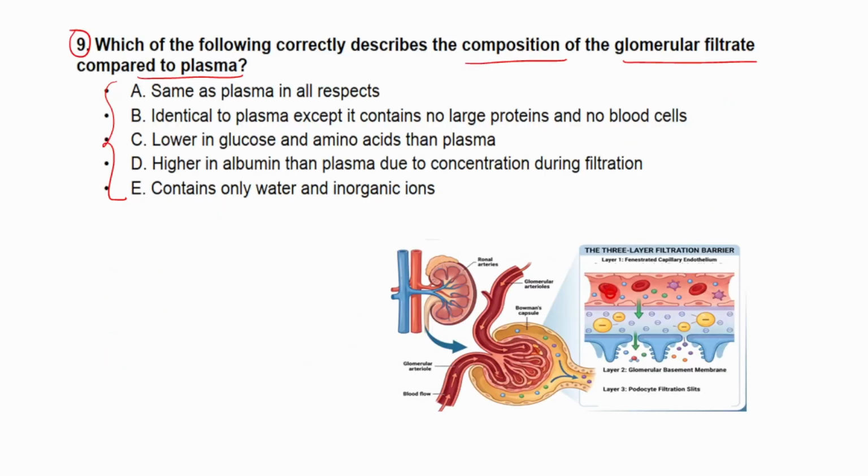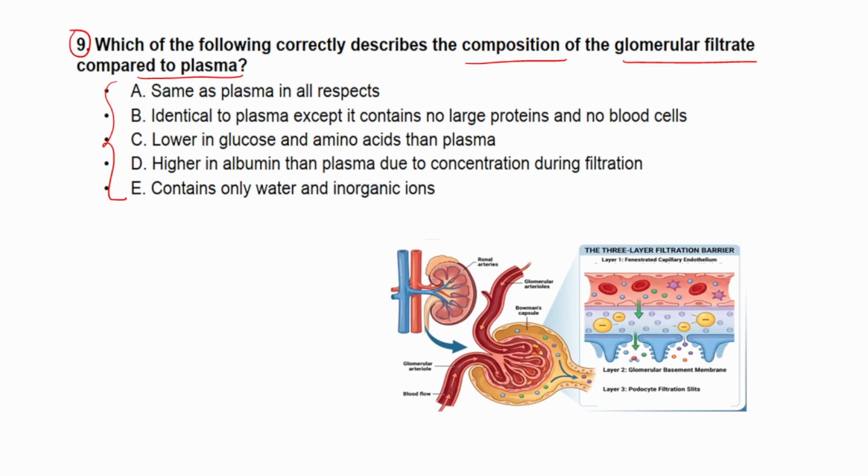The glomerular filtration barrier is composed of 3 highly specialized layers working in series. First, the fenestrated capillary endothelium, the negatively charged glomerular basement membrane, and the podocyte foot processes with their intervening filtration slits.